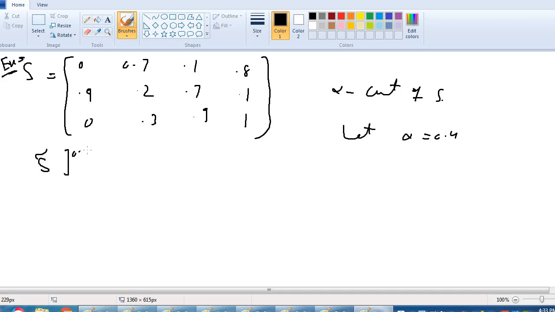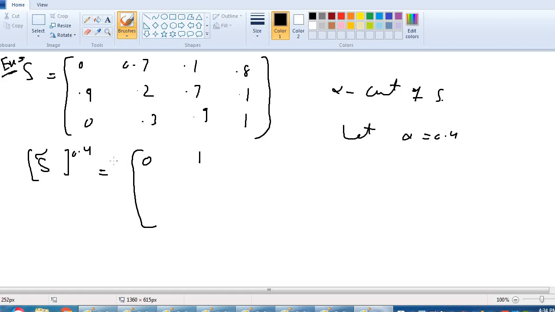Then what will be the alpha cut of S? We just take the values which are greater than or equal to 0.4, and we neglect all other values. For example, if a value is less than 0.4, it is 0. If it is greater than 0.4, we write 1.